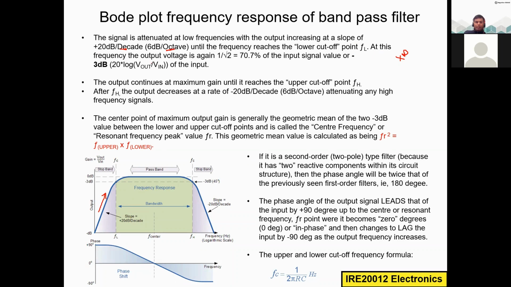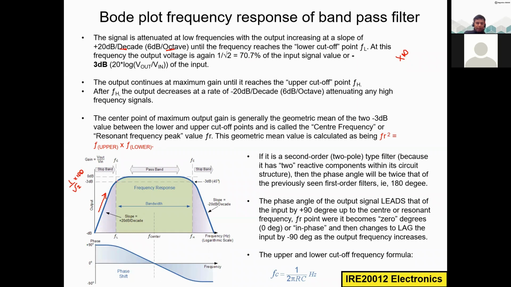So at this frequency, the output voltage is 1 divided by square root of 2, that is 0.707. In terms of percentage, we multiply by 100, so it becomes 70.7 percent.